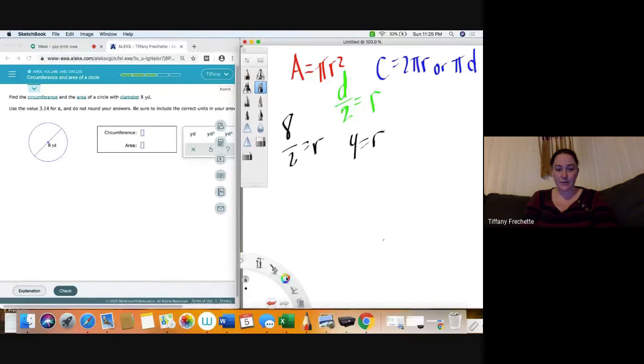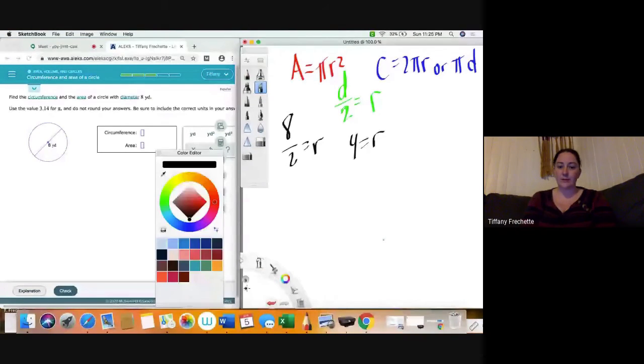The first one they ask us to do here is circumference, so we'll do circumference first. Circumference equals, and remember we have an option to use diameter, so I can do pi times diameter. Instead of pi, I'm going to write 3.14, and diameter is 8.